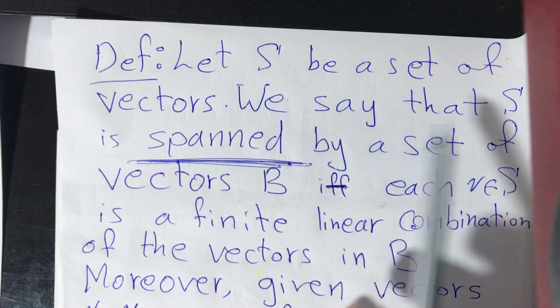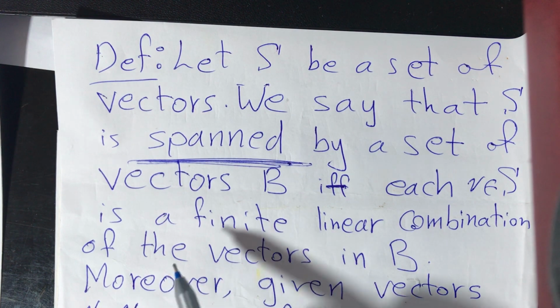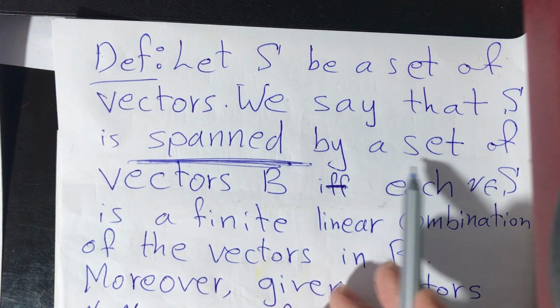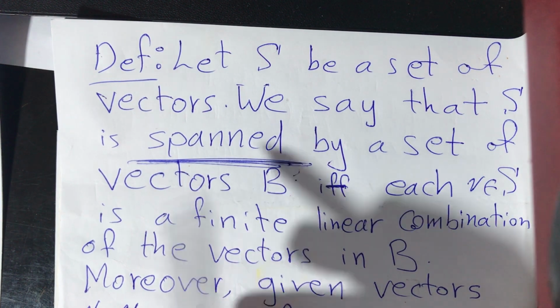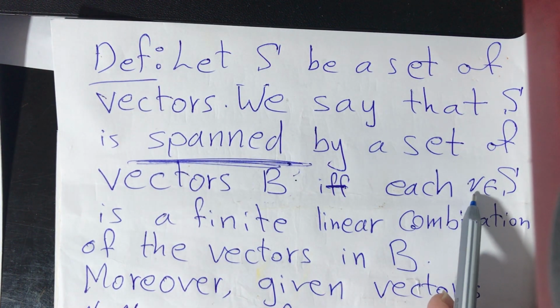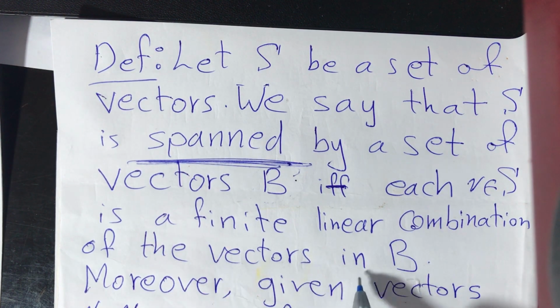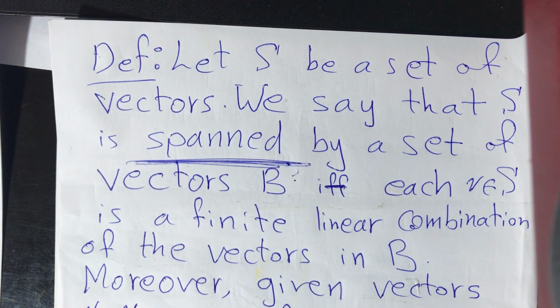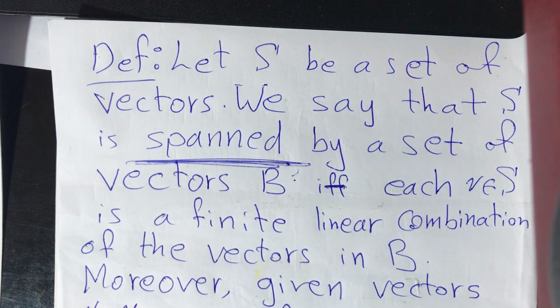We say that S is spanned by a set of vectors B if and only if each vector in S is a finite linear combination of vectors in B. Any vector in S can be written as a linear combination of vectors in B.